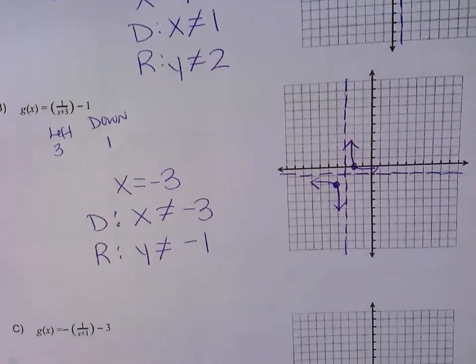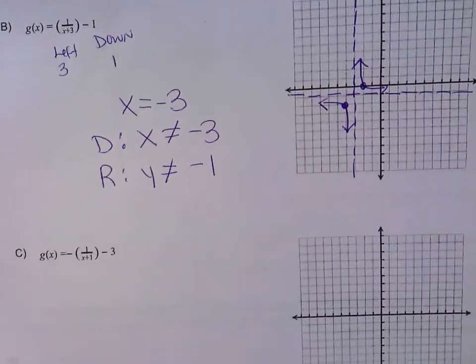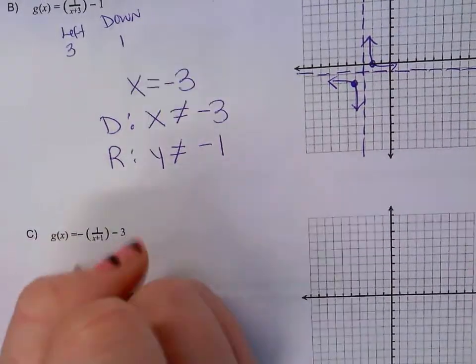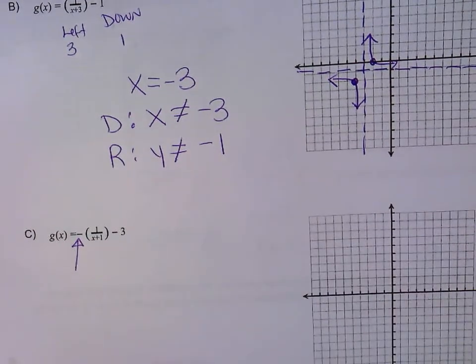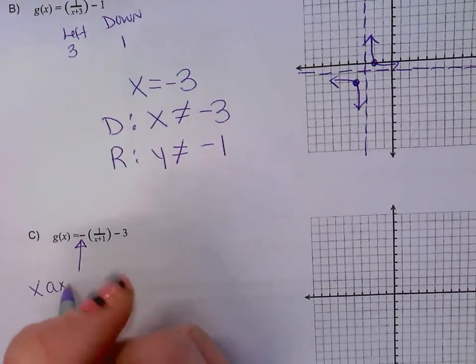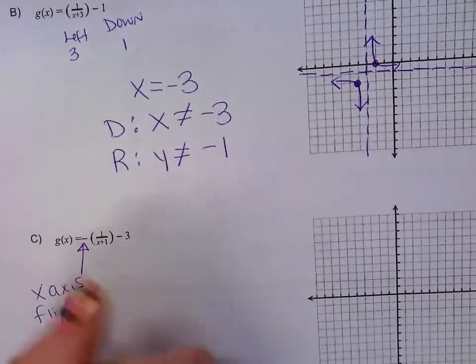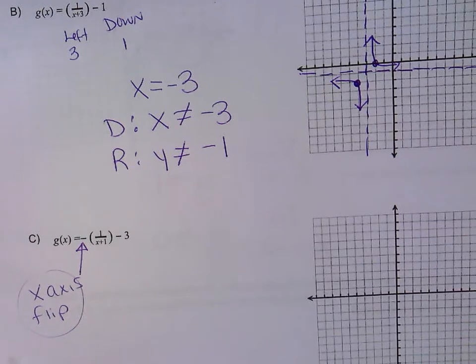All right, the last one has 3 transformations, including this negative sign in front of the parentheses. What way does that flip my graph? A negative sign flips it upside down over the x-axis. Yep, x-axis flip. So see, we're reviewing our transformation rules that you can apply to all those functions on the Unit 1 test.